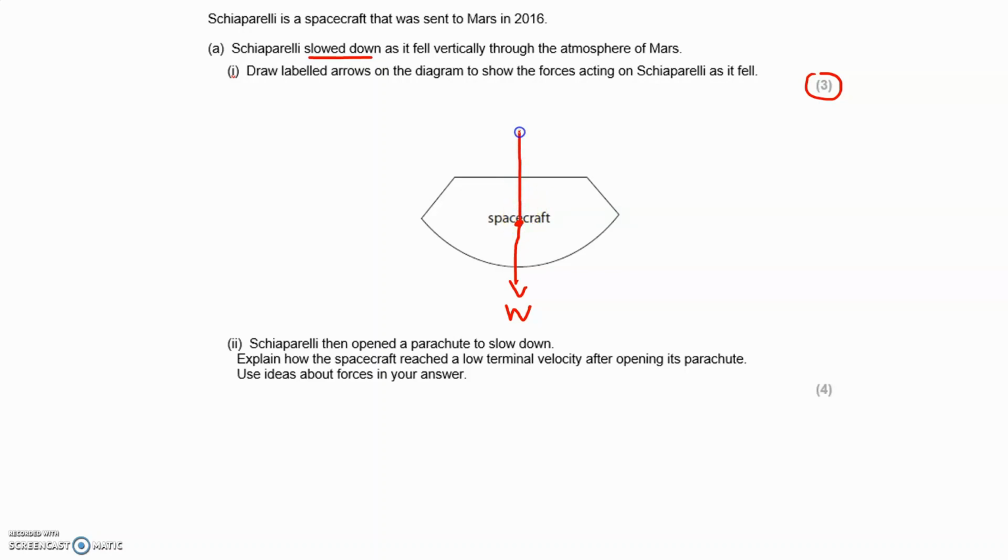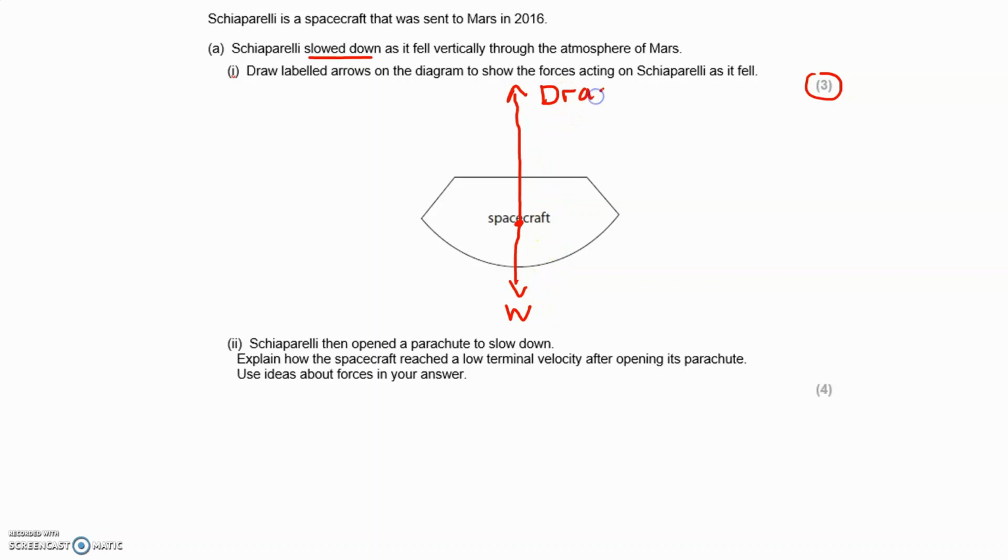So we've got the force due to air resistance, or due to the resistance of the atmosphere on Mars, and that must be greater. So we'll label that force D, and that force must be greater compared to the weight.